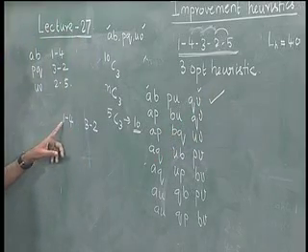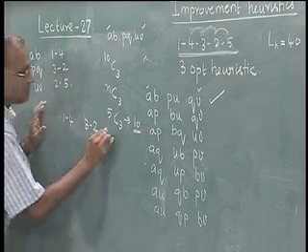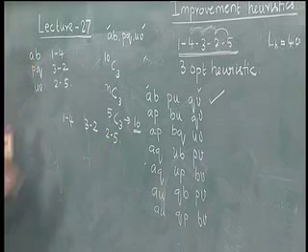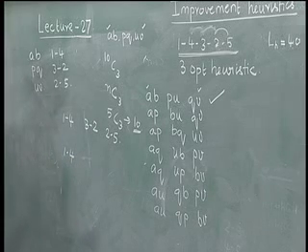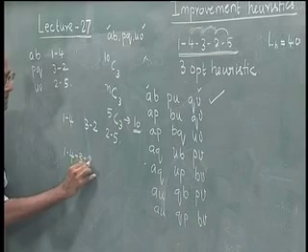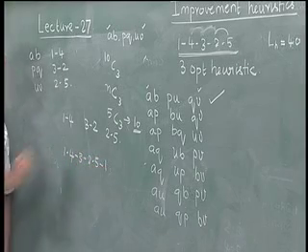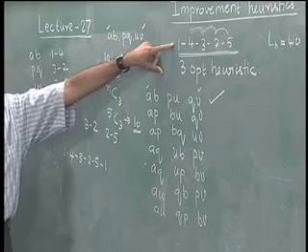AB is 1,4, PU is 3,2, QV is 2,5, which means we go back to this: we do 1,4, then 4,3, 3,2, 2,5, 5,1, which is the same as the given one. There is a repetition here.